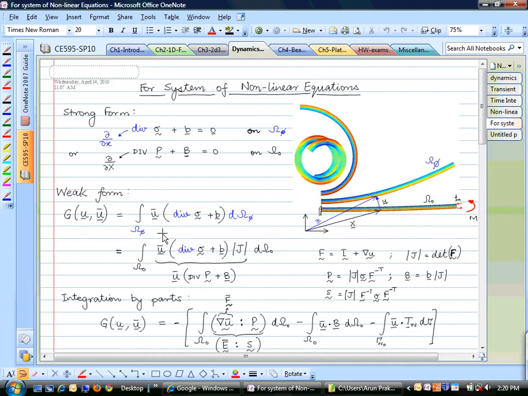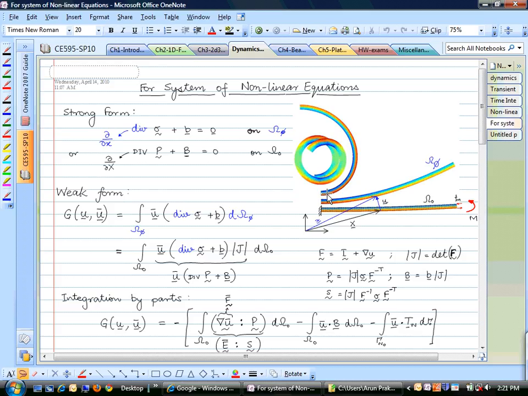For these problems also, what we do is pretty much the same thing. Take our governing equation, multiply it with virtual displacement, but this integral needs to be done on the deformed configuration. The most important step is that you can transform this integral back to the original configuration.